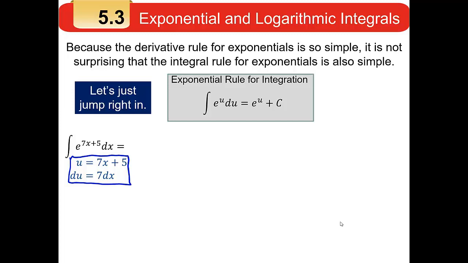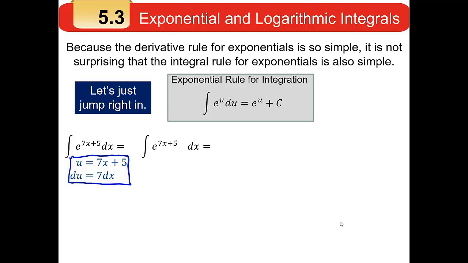I think at this point we can just skip that middle step and say that if u is equal to 7x plus 5, then du is 7 dx. So when you look back at the form, you can see that the differential part, the du, needs a 7, not just a dx.